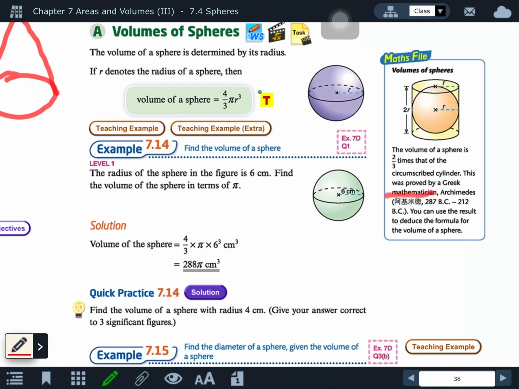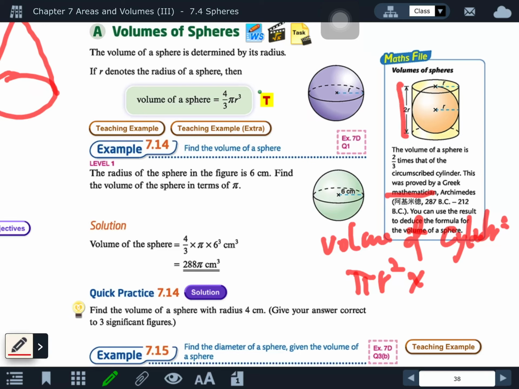The volume of a cylinder, in this case, is base area pi r squared times height. The height is 2r, right? So we will have 2 pi r cubed for this cylinder.